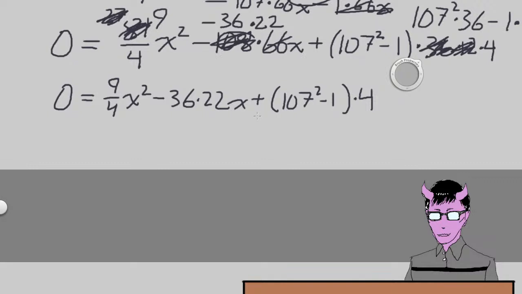So what I'm going to do is go to my calculator, and input this into the calculator and see if it's at least worth the time. You know what I mean? Okay.